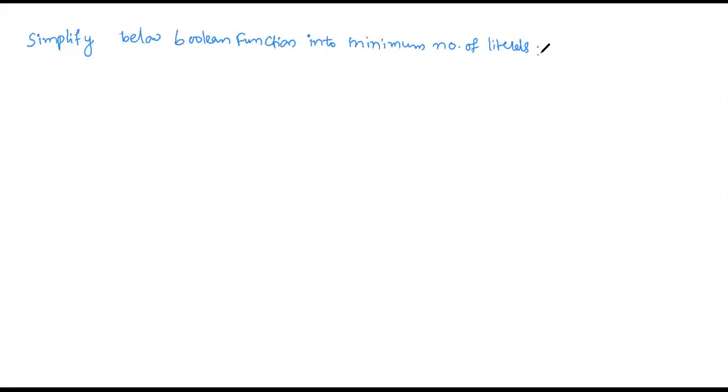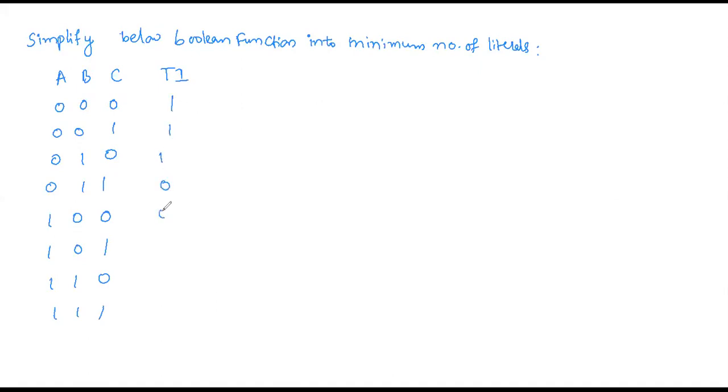They have given A, B, C, T1. Reduce this Boolean function into minimum number of literals. This is the question.